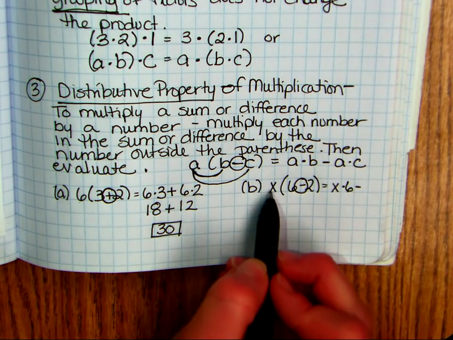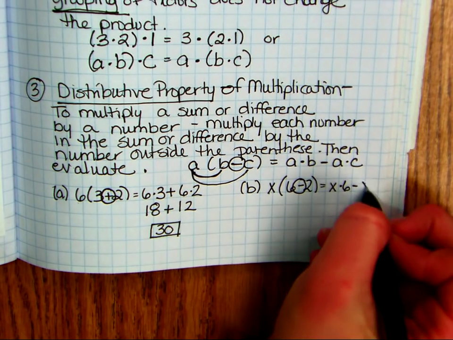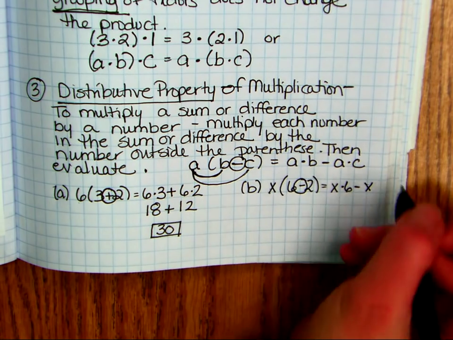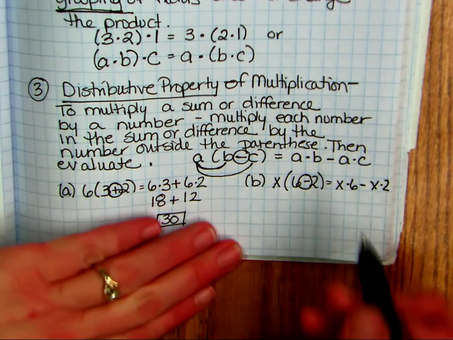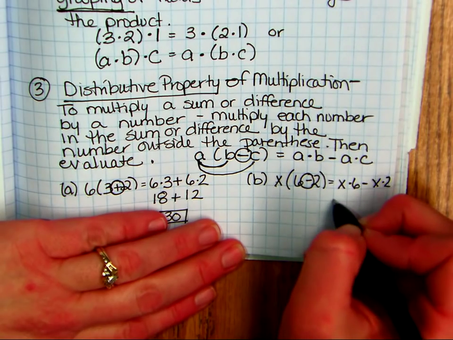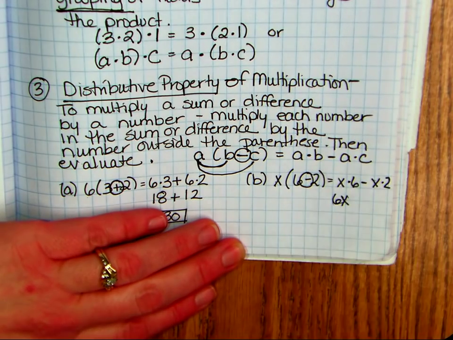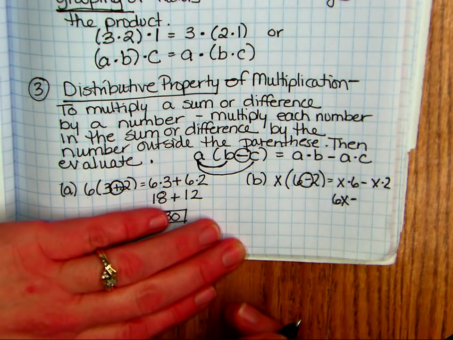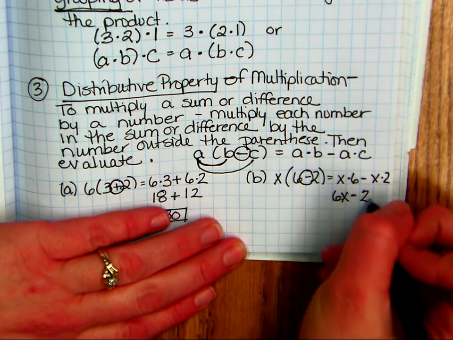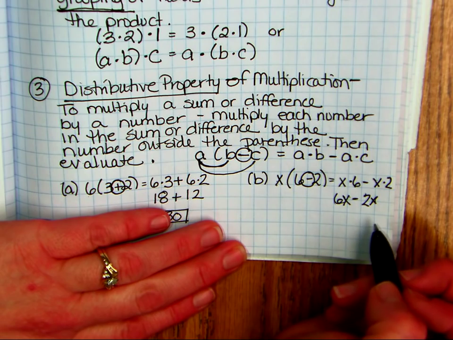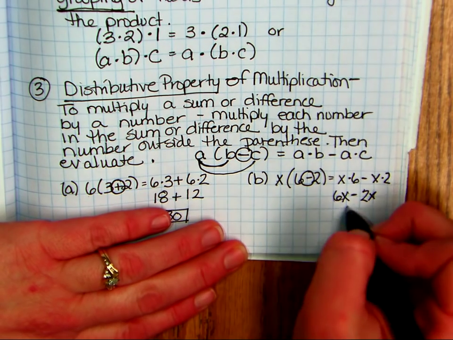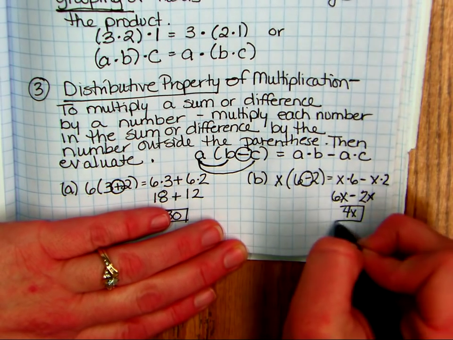Minus. Go back to the variable on the outside of the parentheses, and times it by inside the parentheses, which is what? 2. All right, now, what is x times 6? Well, that would be 6x. Minus, what's x times 2? 2x. Okay? What is 6x minus 2x? 4x. Good. There's your answer.